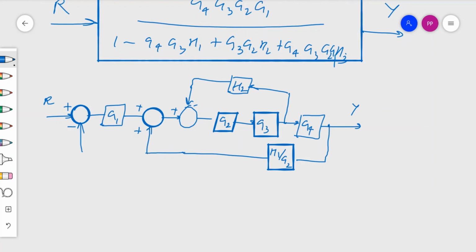Another component of output is taken through the filter H3, which is compared with the main reference input. So try to solve this block and find out the equivalent transfer function and send it to my email ID.